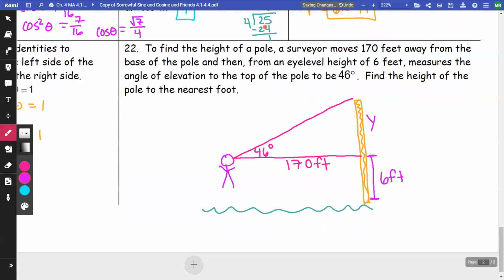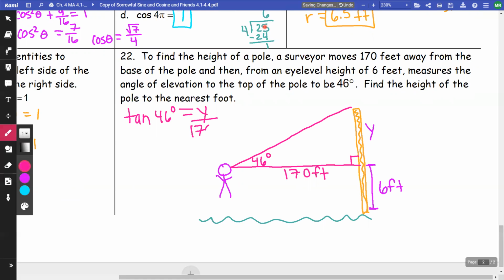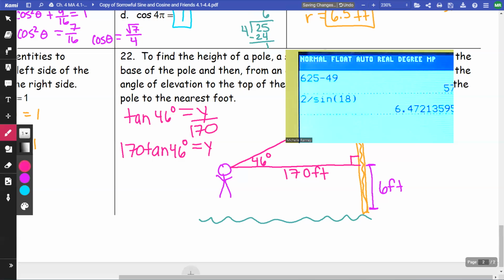And I want to find the height of the pole to the nearest foot. So I am going to do, got opposite and adjacent. So I'm going to do tangent of 46 degrees is equal to Y over 170. So I'm going to do 170 tangent of 46 degrees is equal to Y. I'm going to get that answer, making sure my calculator is in degrees. So 170 tangent of 46.